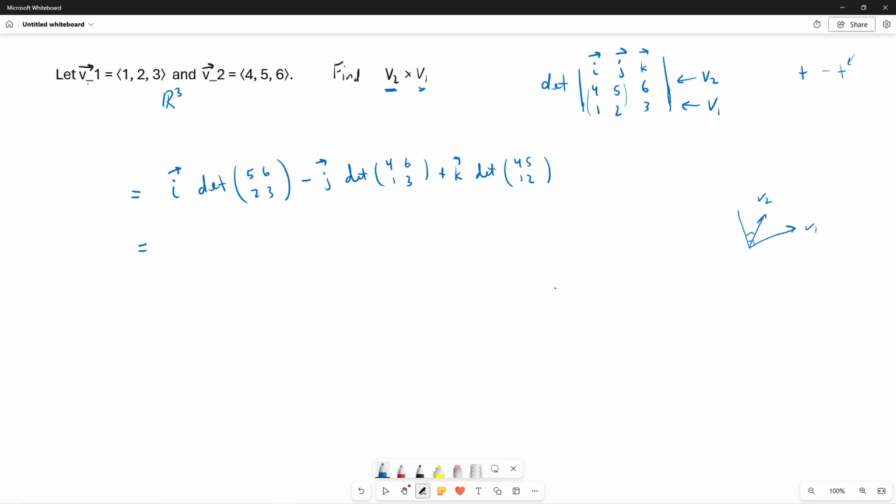Now the determinant of a 2 by 2 matrix with four numbers a, b, c, d: you multiply the diagonals, ad and bc, and you subtract.